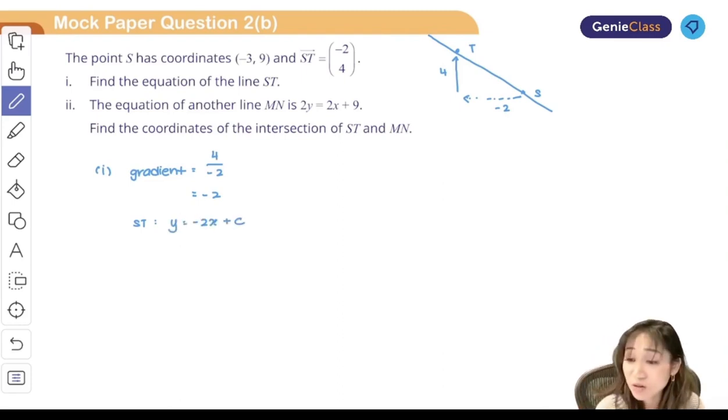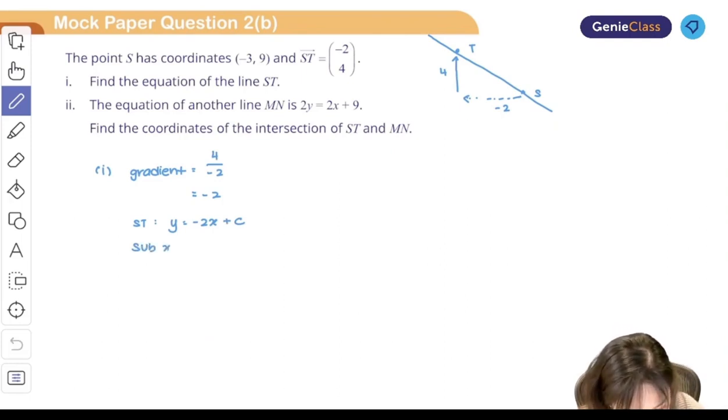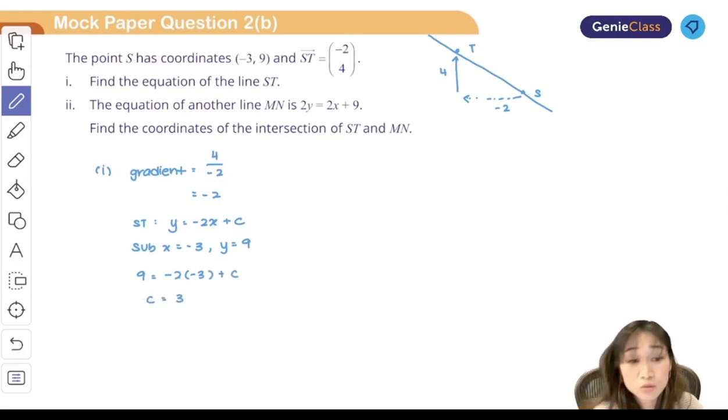Then to find our value of c, we sub in a pair of coordinates. So sub x equals negative 3, y equals 9. Okay, so 9 equals negative 2 times negative 3 plus c. You should get c equals 3. So y equals negative 2x plus 3.